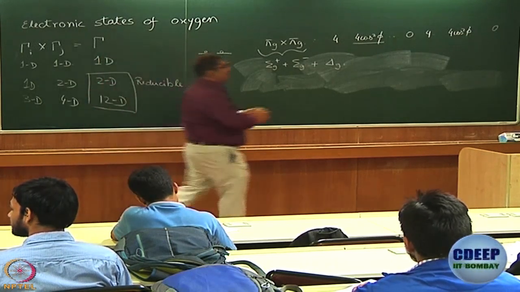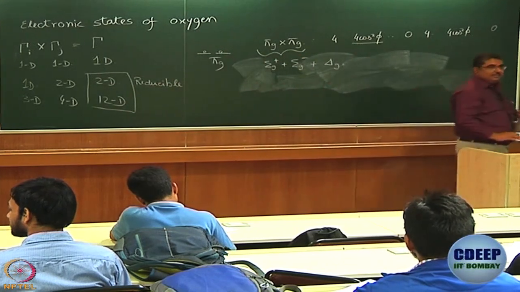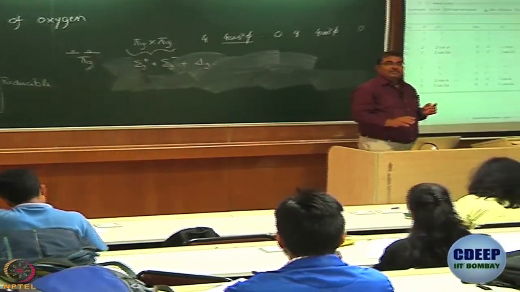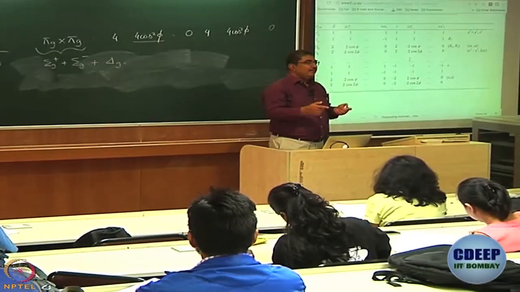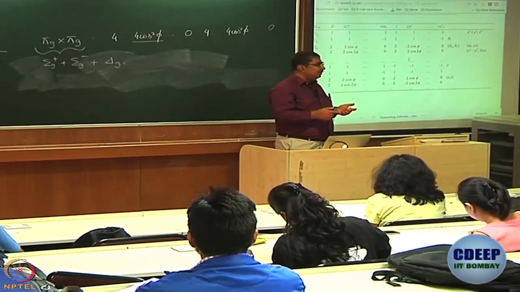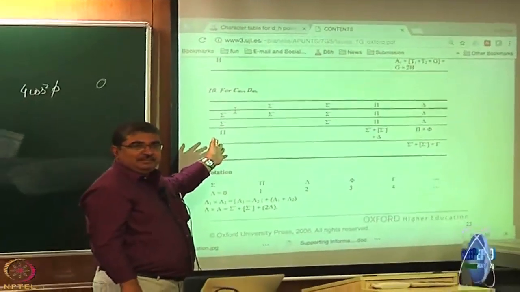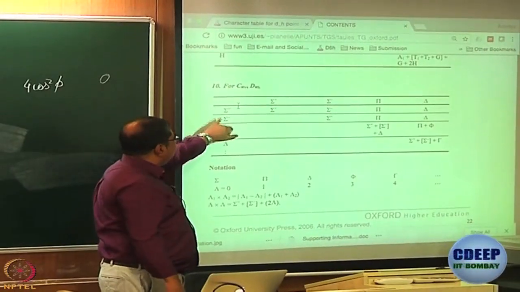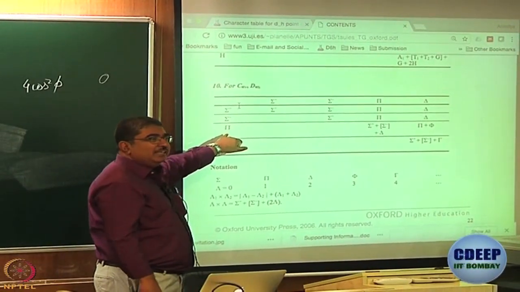But then if we really want to be lazy, we need to know another kind of table over and above the character table, that is called the product table. These product tables are also available. You might notice that the g and u are not mentioned here.